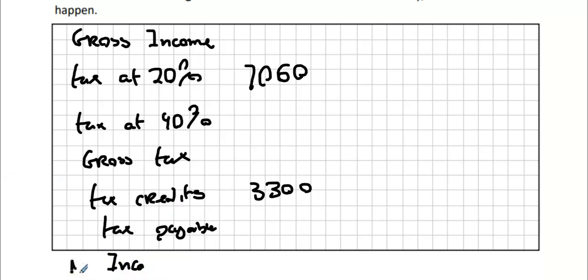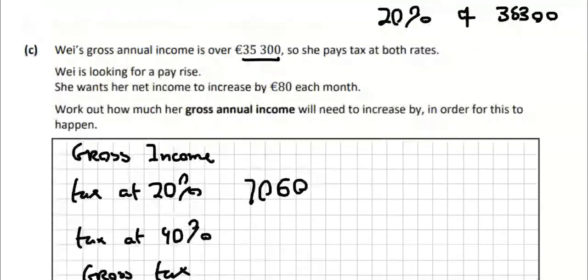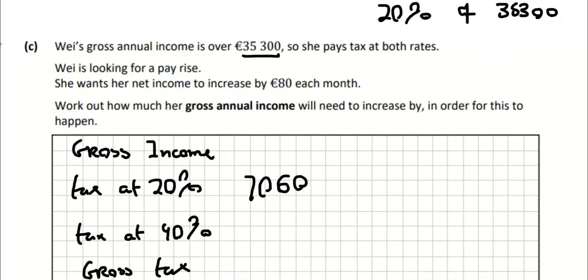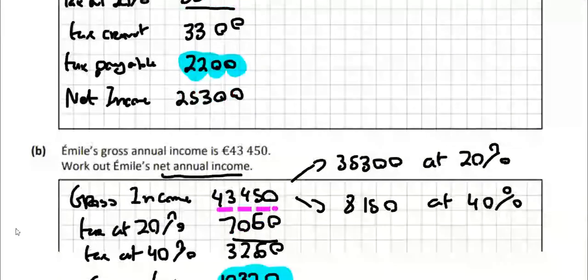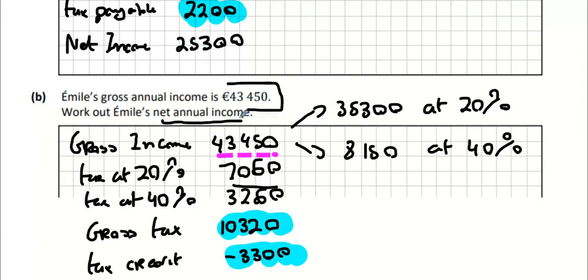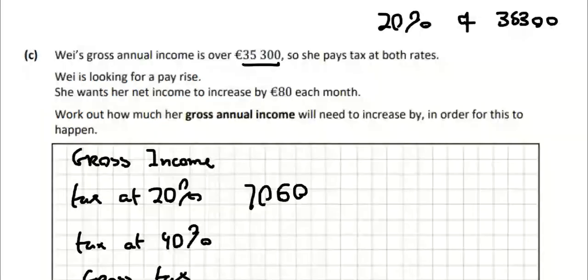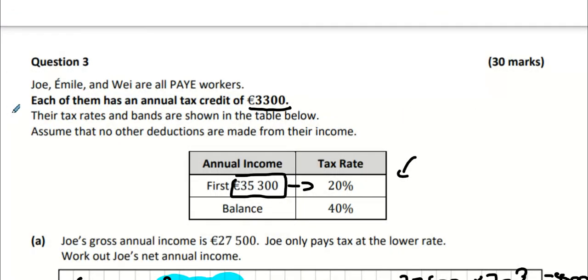And then we have net income. Now we can compare this question to the previous one because it says Way gets paid over 35,300. Well, this person also got paid over 35,300. So we can use the figures from the last question to help us out. Okay, so what we want is an 80 quid rise from this net income.